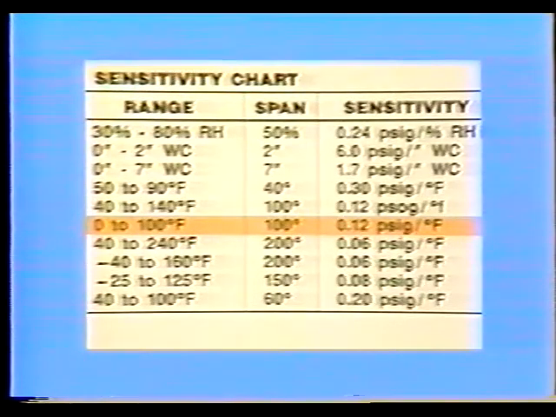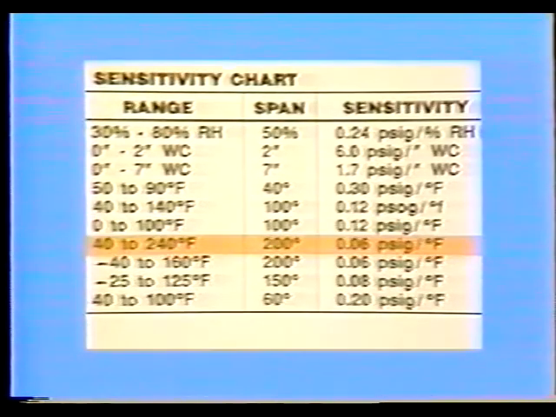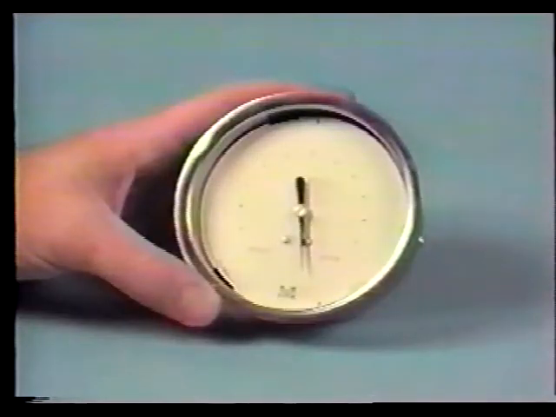Examples here are a 0 to 100 degree transmitter having a sensitivity of 0.12 pound change per degree of temperature change. A +40 to 240 degree Fahrenheit transmitter will provide a 0.06 pound change per degree of temperature change. With a pressure gauge and knowledge of the sensitivity of the transmitter involved, the sensed temperature can be obtained.